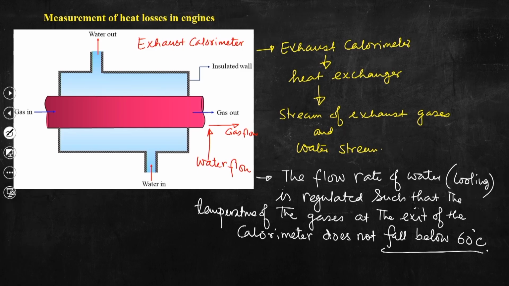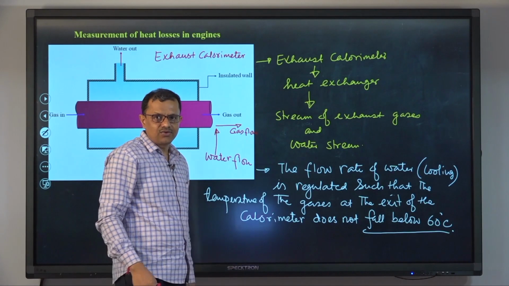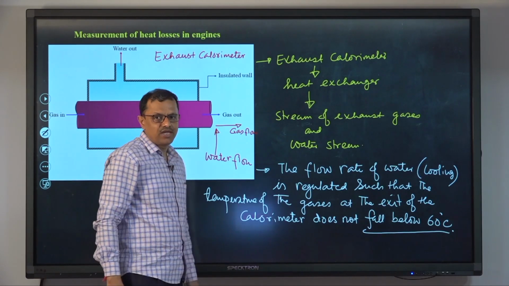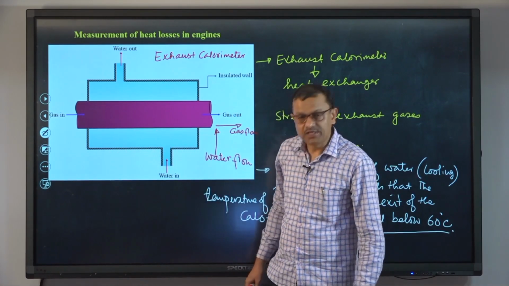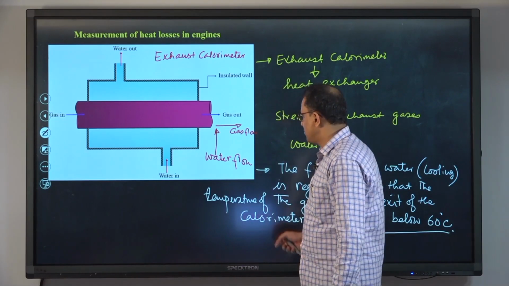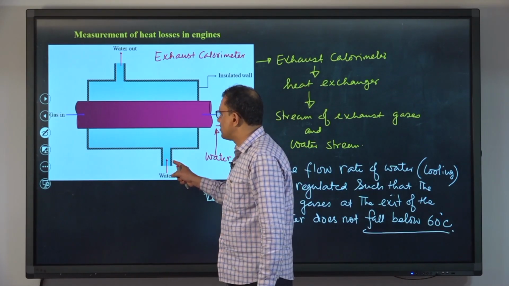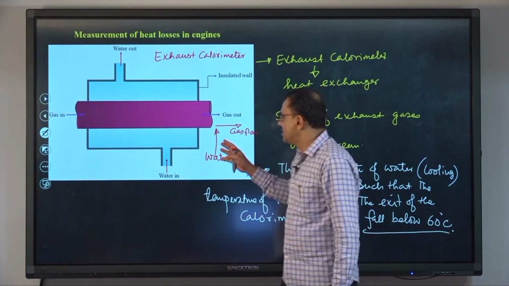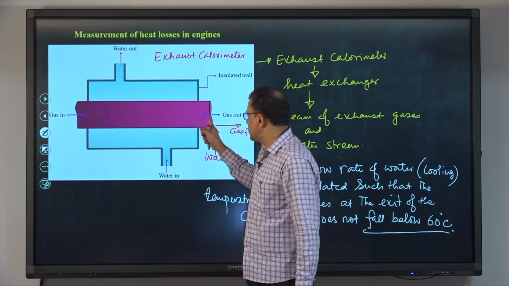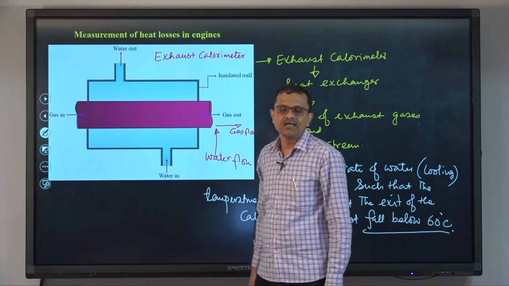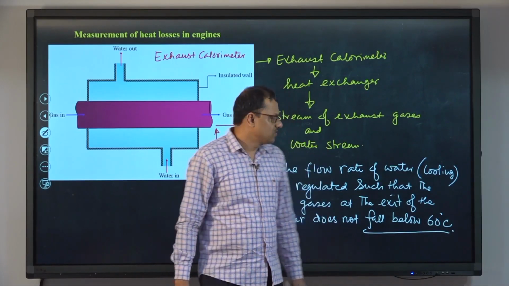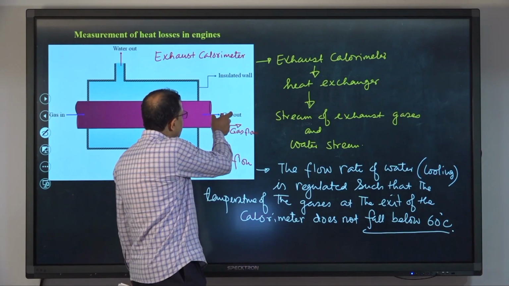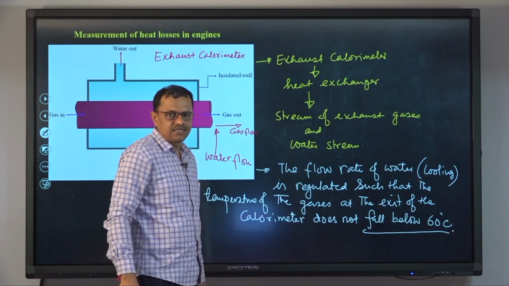That means the gas is moderately cooled, and to ensure that the gas temperature is cooled moderately, we need to control the flow rate of water so as to maintain the temperature of the gases at the exit of this calorimeter always above 60 degree, because the dew point of the gas is 60 degree.